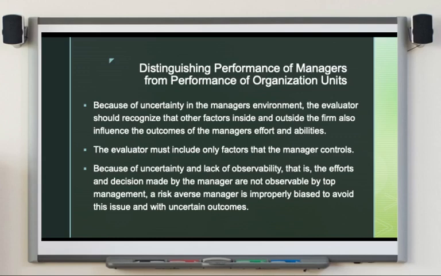The evaluator must include only factors that the manager has control over, and because of uncertainty and lack of observability, the efforts and decisions made by the manager are not observable by top management. A risk averse manager is improperly biased to avoid issues with uncertain outcomes. Meaning, it is normal for managers to be afraid of or anxious about making decisions, especially if the manager is a risk averse person.